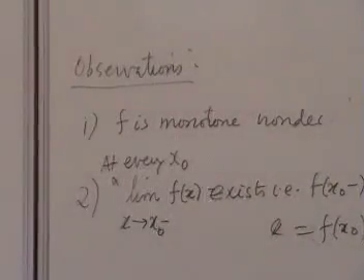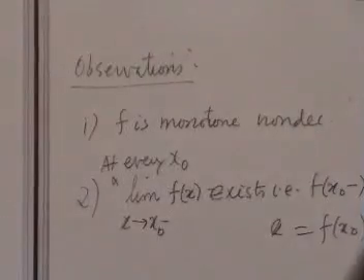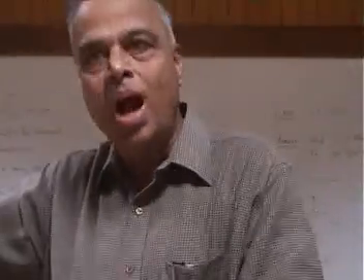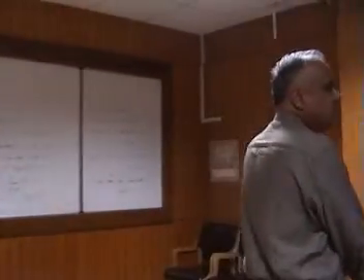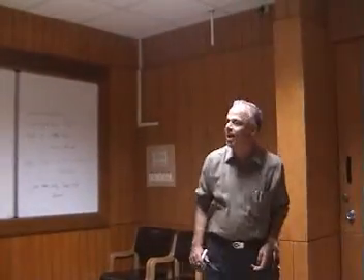So it's left continuous in fact. It's going to be left continuous. So there is going to be a jump. So it's not going to be right continuous. So this f(x naught plus) is going to be slightly higher.